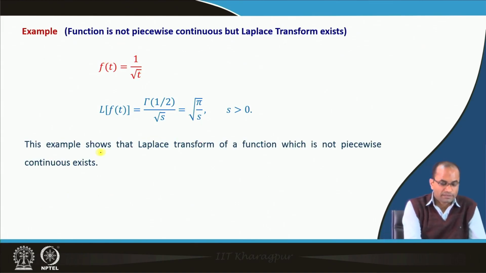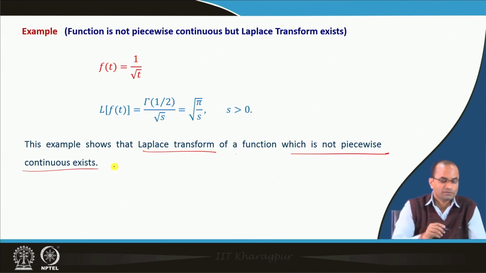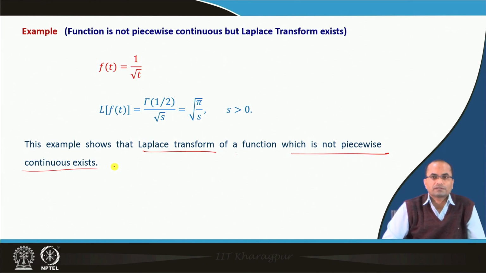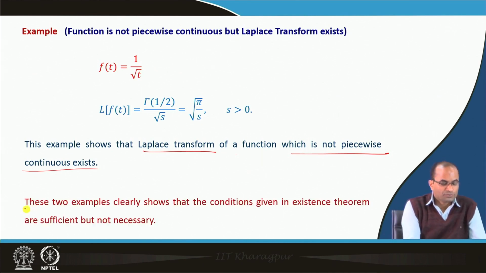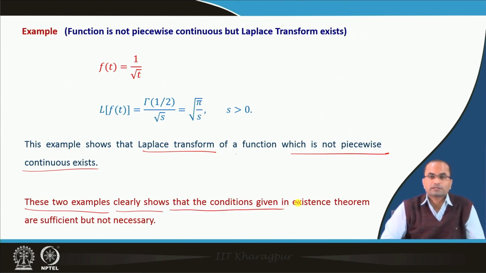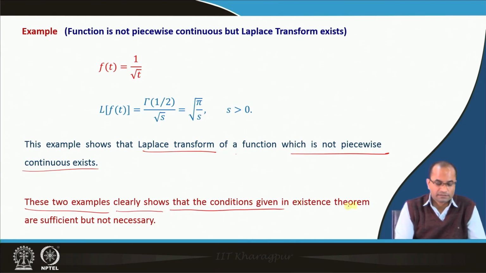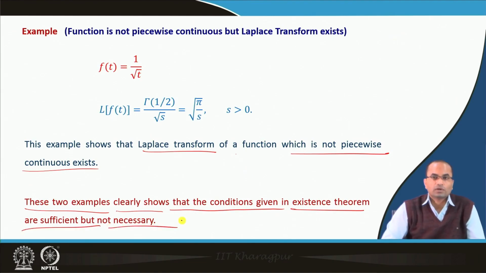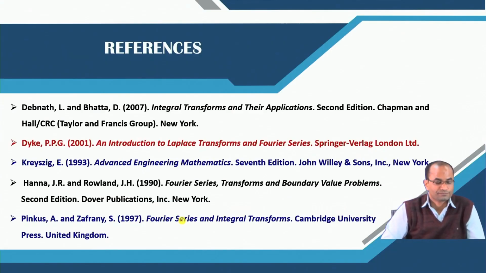So, these two examples clearly show that the conditions given in this existence theorem, that means piecewise continuity and exponential order, are sufficient, but not necessary conditions.